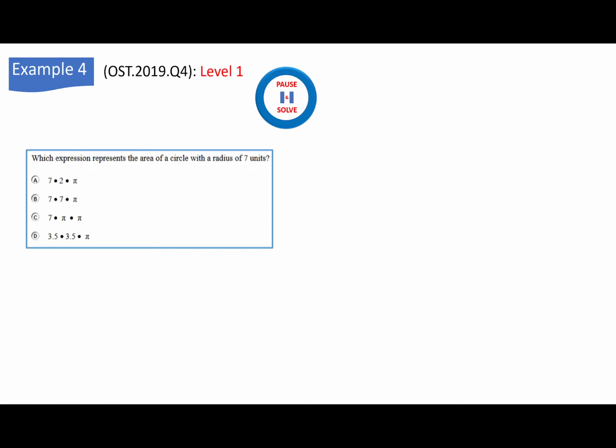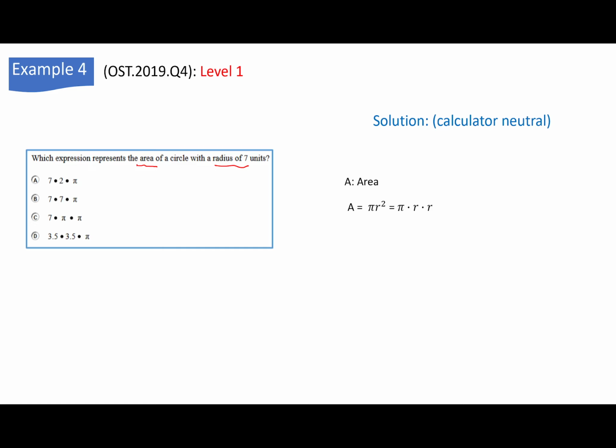Example 4. Which expression represents the area of a circle with a radius of 7 units? The area, radius. What's the formula? This is calculator neutral, so you have no use of the calculator.